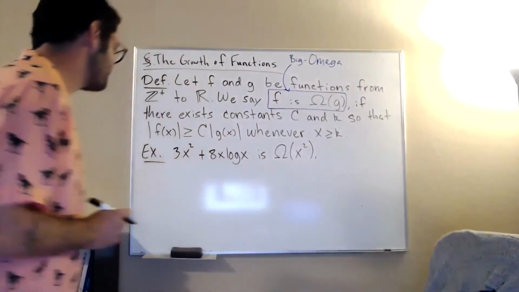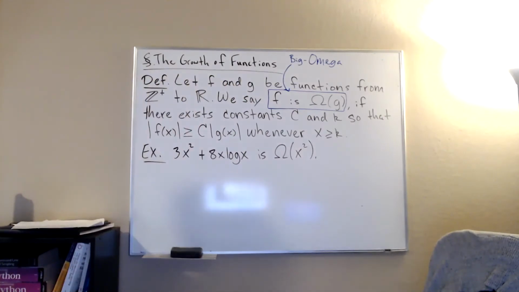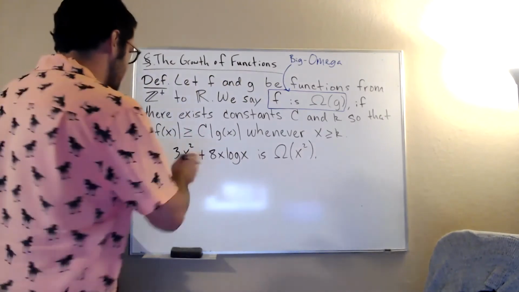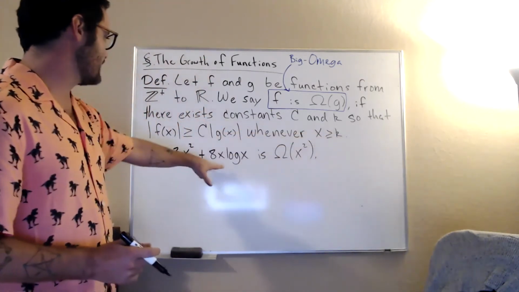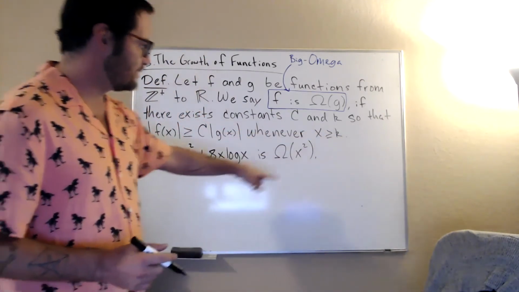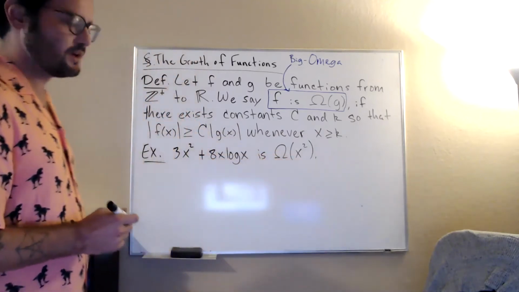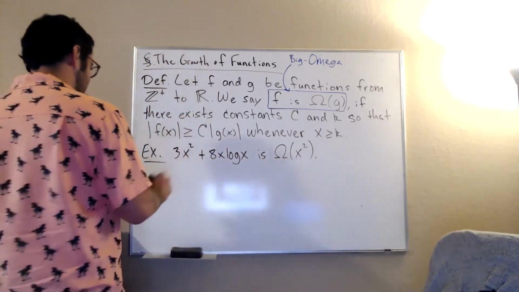That's what it should be, I think. Yeah. Okay, so we just have to show that there are witnesses c and k so that that is bounded from below by some constant multiple of x squared.